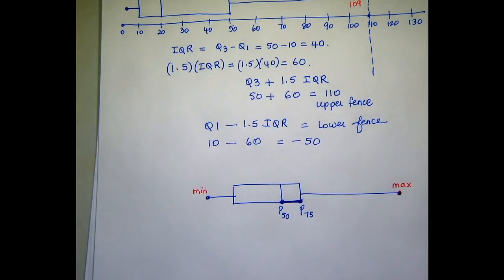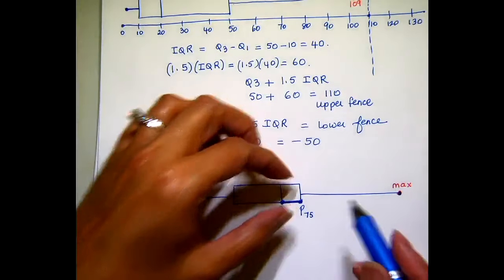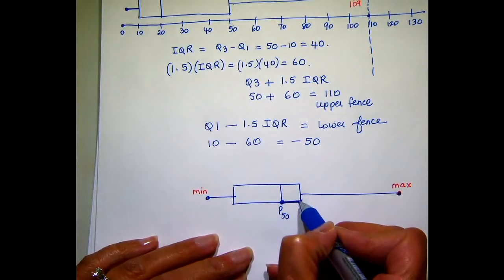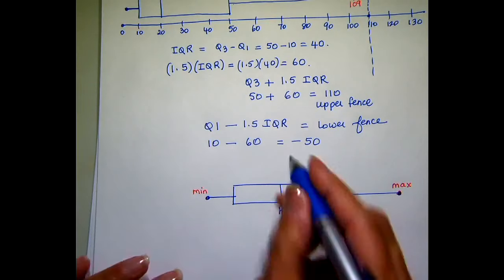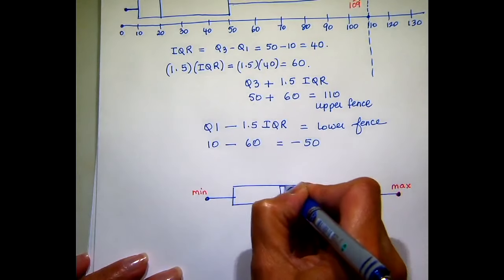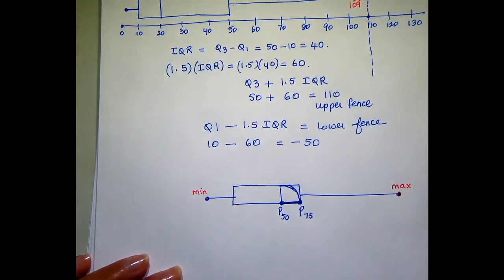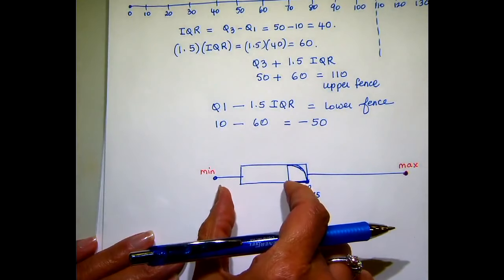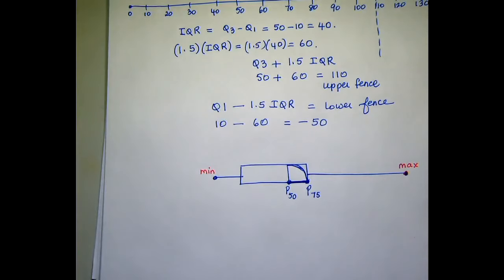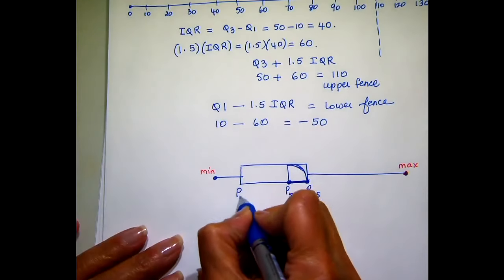So wouldn't it stand to reason that the curve is very high here because there's just a short little piece where 25% has to fall, right? So it's going to be stacked up high here. Here I have a much longer distance to hold the same percent of the data, because this is P25.